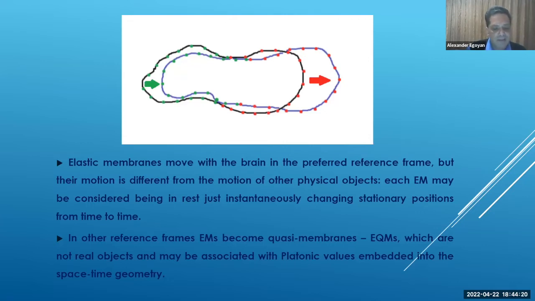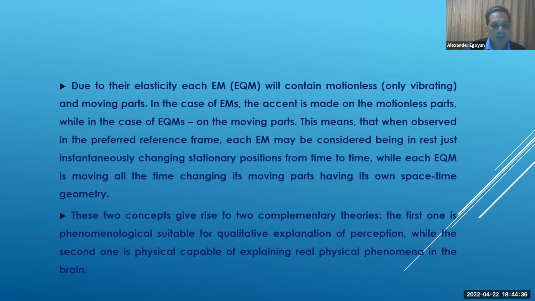In other reference frames, elastic membranes become quasi-membranes, which are not real objects and may be associated with Platonic values embedded into the space-time geometry. Due to their elasticity, each elastic membrane will contain motionless and moving parts.